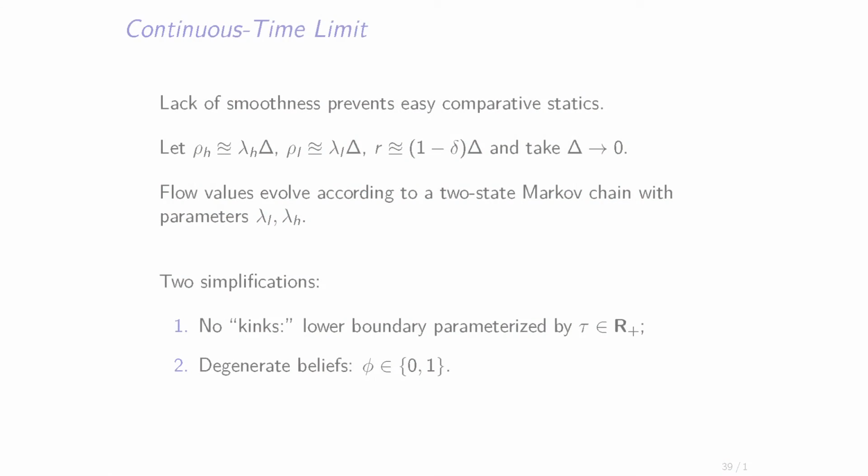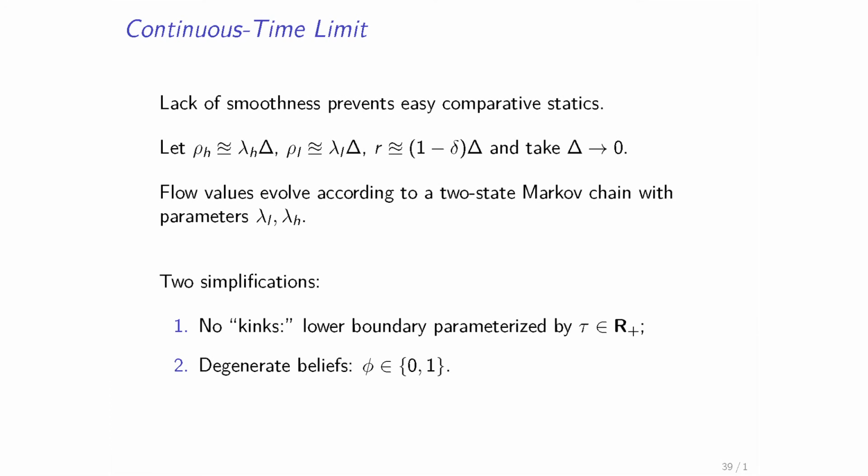And that buys us two things. First, our incentive feasible set becomes smooth. And secondly, the principal's belief is degenerate. At each moment of time, a small second later, the principal's value is the same as the previous value he has.